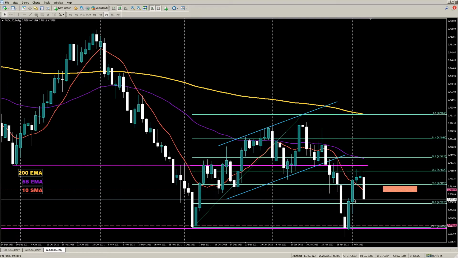But for now, the rates will remain. The RBA did mention that they will not raise rates in the near future.